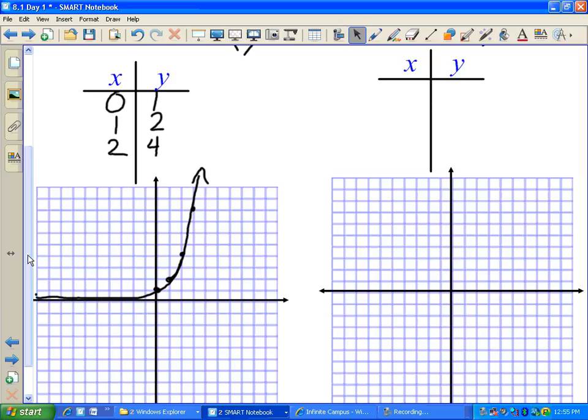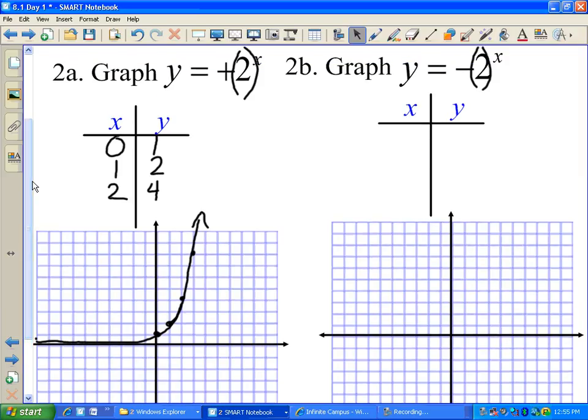What happens, however, when I put that negative in front? So 0, 1, and 2 don't change. What happens to my y's? They become negative. So instead of 1, 2, and 4, I get negative 1, negative 2, and negative 4.